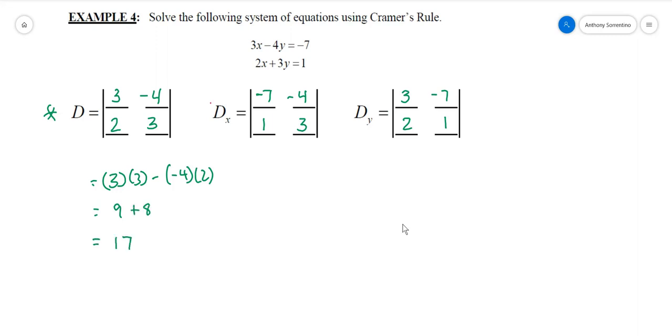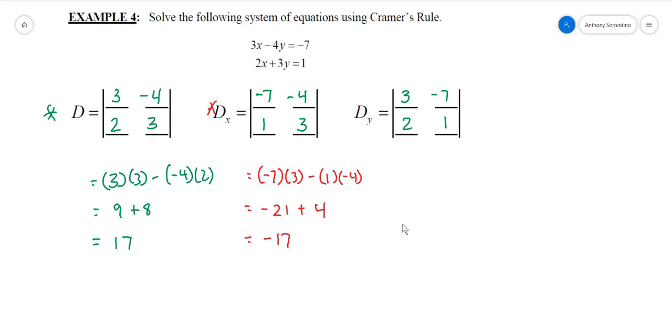Dx, this one here. Much like the previous one, I'm going to have -7 times 3 minus 1 times -4. So I'm going to have a -21 plus 4, which gives me a -17.